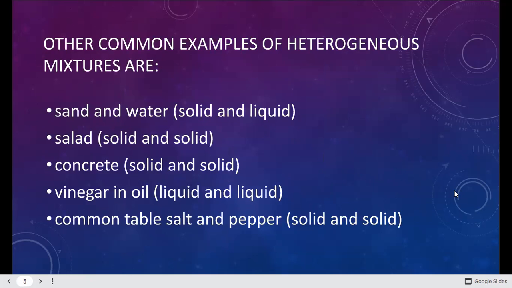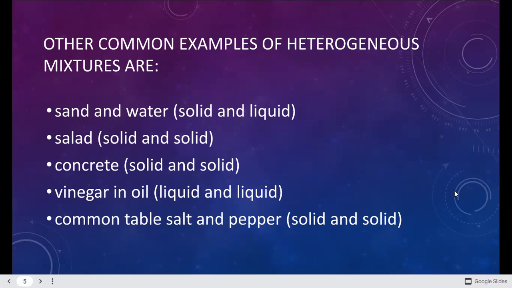Vinegar and oil, because you cannot mix vinegar and oil, just like your seasonings: liquid to liquid. Common table salt and pepper will not mix; you can actually observe them. What else? Sand and iron filings. You cannot mix sand and iron filings; you can observe them. So those are some examples of heterogeneous mixtures.